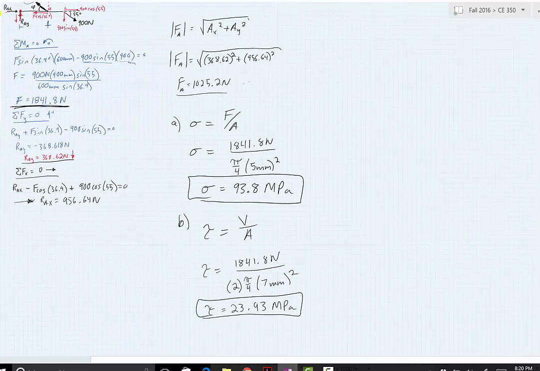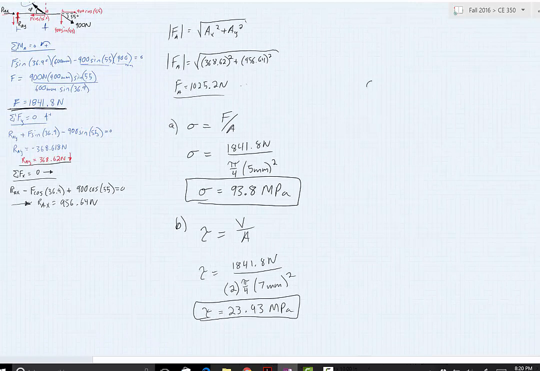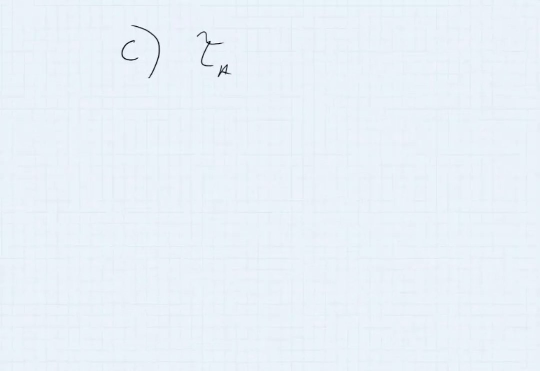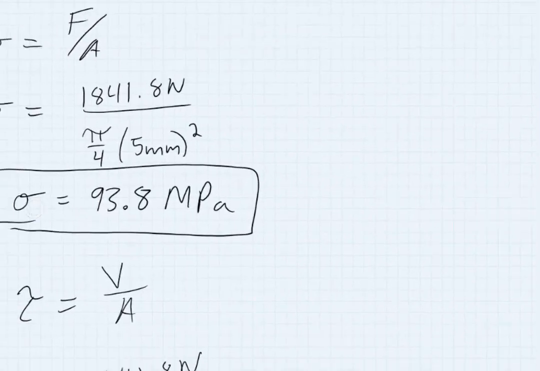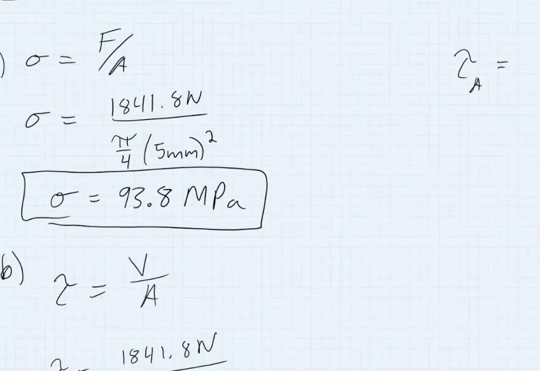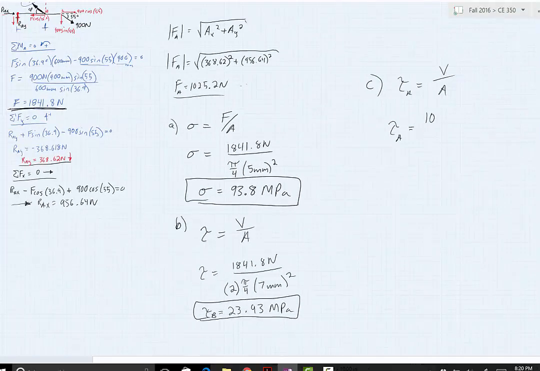So then I'm going to go over here and do part C. Now we're looking for the shear at A. This was shear at B, and rod 1 equals V over A. So the shear in pin A is going to equal the resultant force that we found at A, 1025.2 newtons, divided by the area of the pin, which is again 7 millimeters.